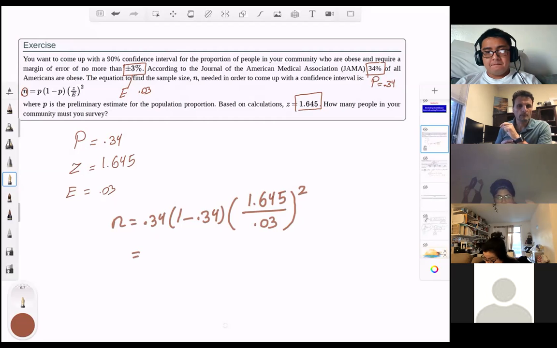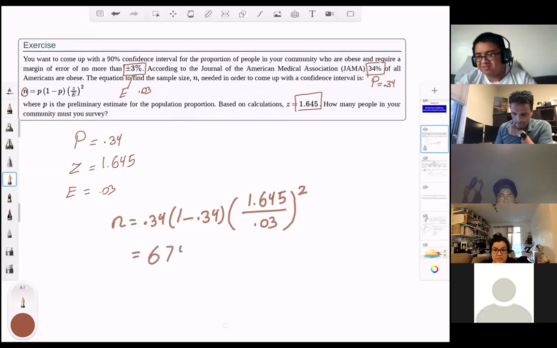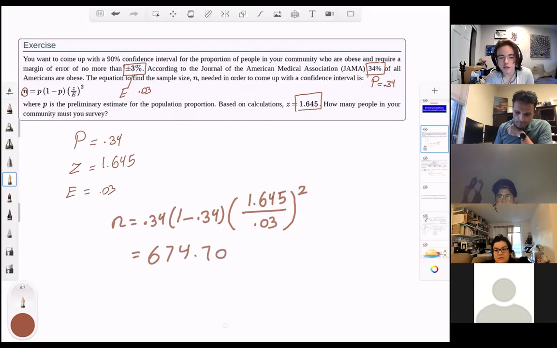Is it 674.70? I got that too. So we rounded to 674 because we are talking about people. We don't want to cut the people.